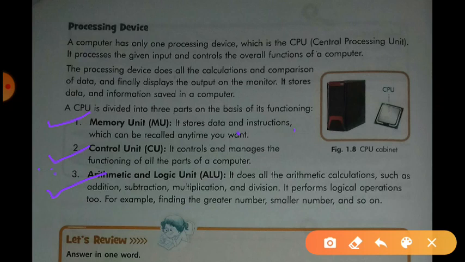Dear students, when you make any document and save it, in future you can reopen it. Control unit controls and manages the functioning of all the parts of the computer.